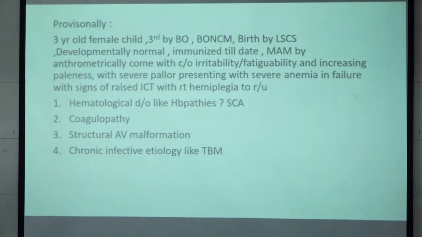She came with complaints of irritability, fatigability and increased paleness, with severe pallor, presenting with severe anemia in failure, with signs of raised ICT with right hemiplegia, to rule out hematological disorders like hemoglobinopathies, coagulopathies, structural AV malformation, and chronic infective etiologies like TBM. Go back to your physical findings and analyze each one of them.